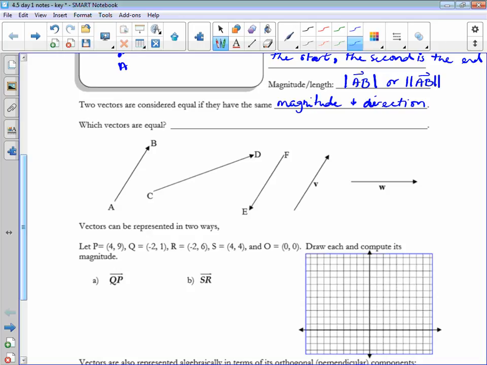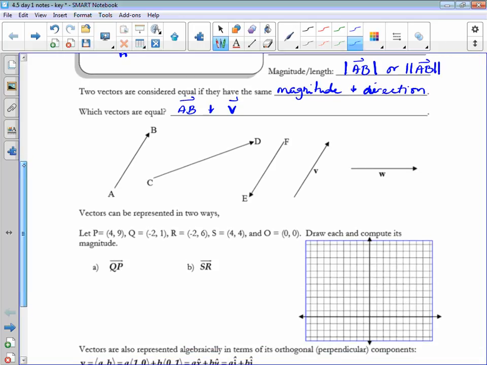So vector AB and vector V. Alright, easy enough to pick out the ones that are the same. Everyone understands why vector FE does not also match? Yes, okay.